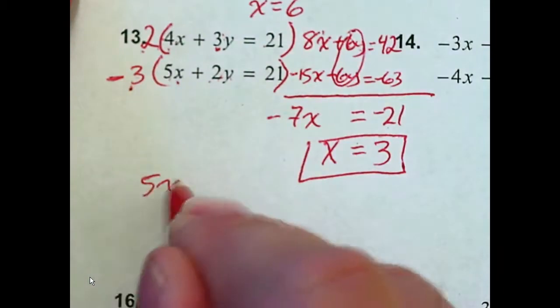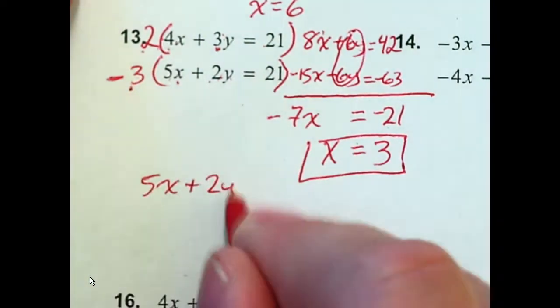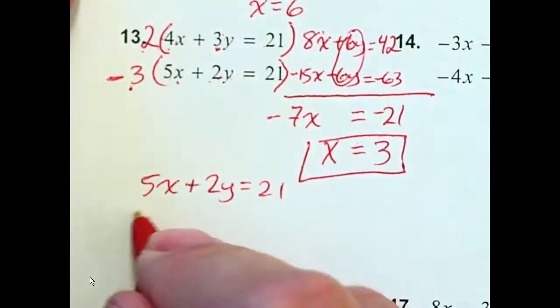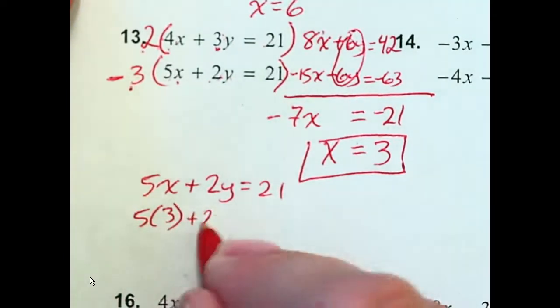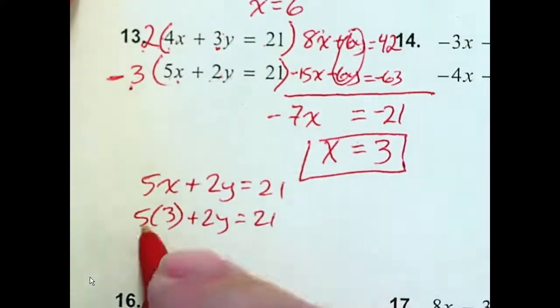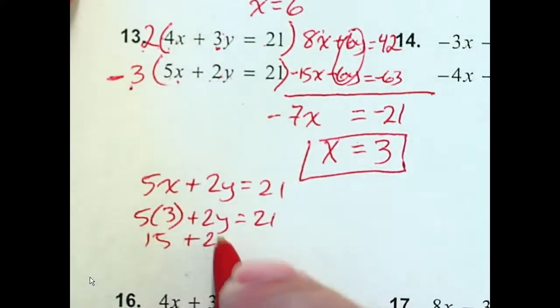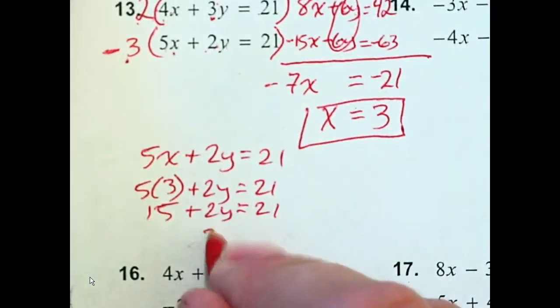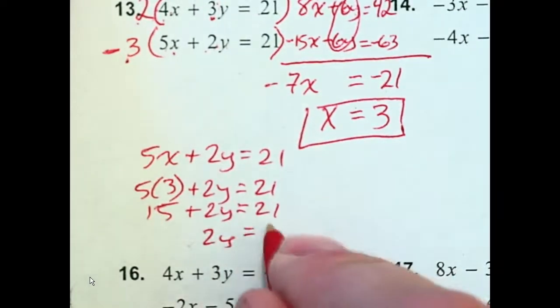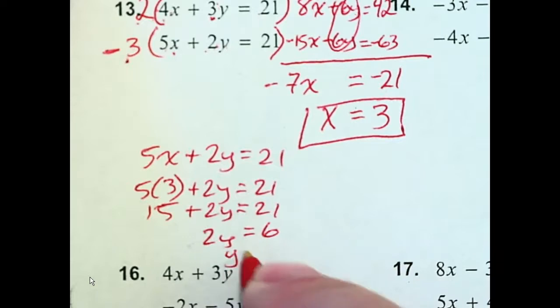So 5x plus 2 times y equals 21. So 5 times 3 plus 2y equals 21. That's 15 plus 2y equals 21. Subtract 15 on both sides, so 2y equals 6. Y equals 3.